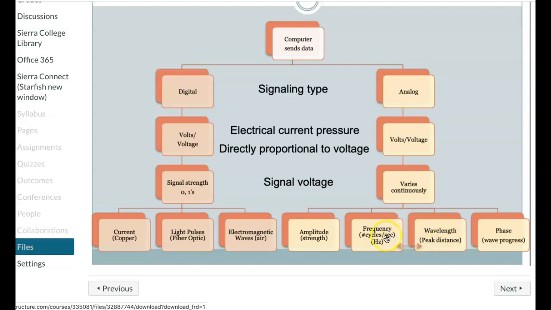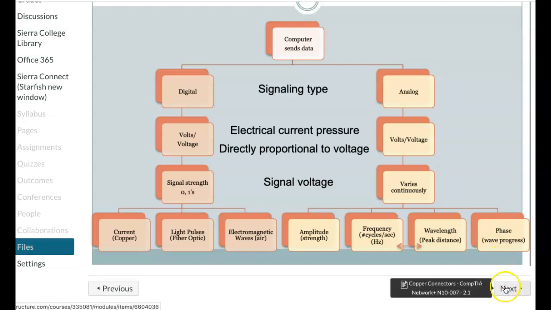So if it's going woo, woo, woo, that's high frequency, but it's going to have a very short peak distance. And then the last one is the wave phase. Some waves go, and then other waves go, all at once but at different phases.